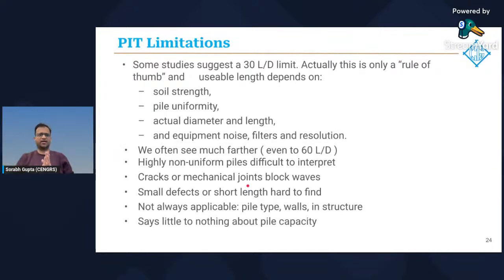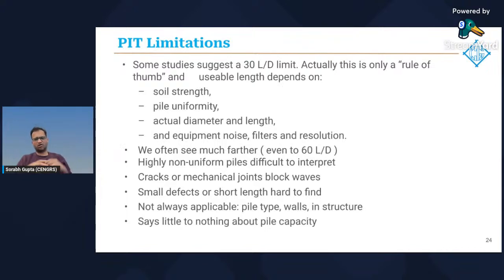Let's talk about limitations, right? So, I think it's a little vague, but some studies which have been carried out suggest that one of the limitations of the PIT is 30 L by D, which means you can test piles with an L by D ratio, length by diameter ratio, of around 30. Now, this is a rule of thumb.